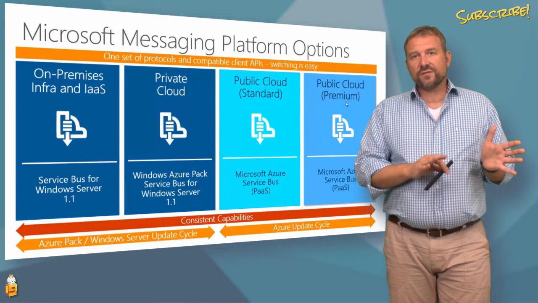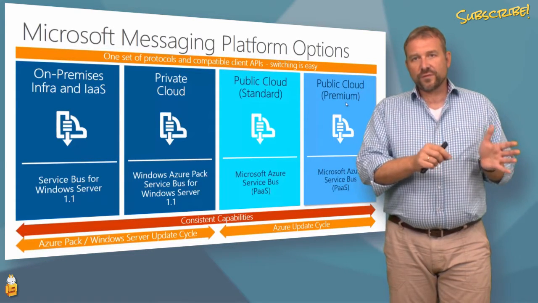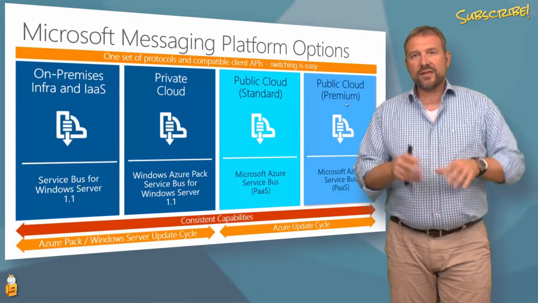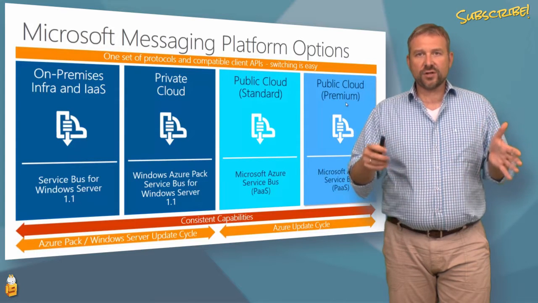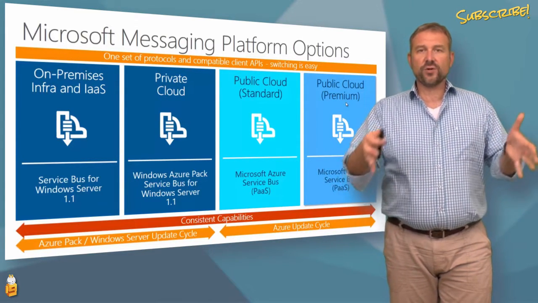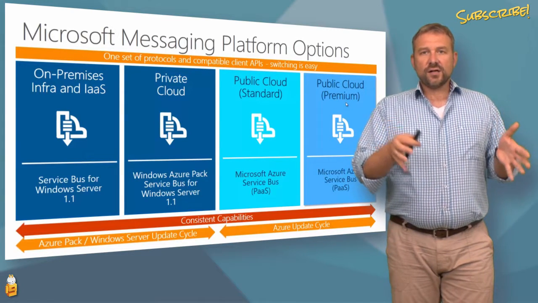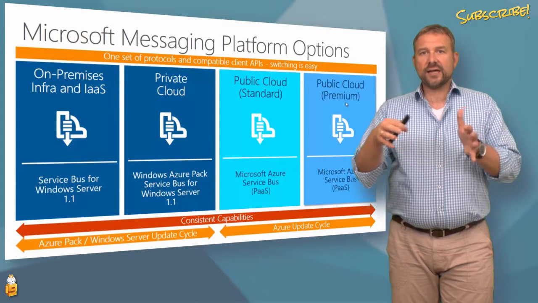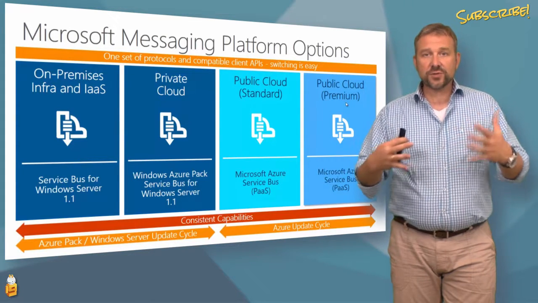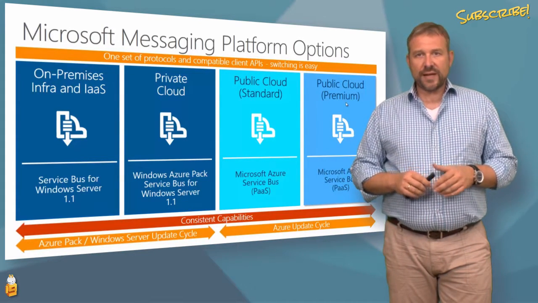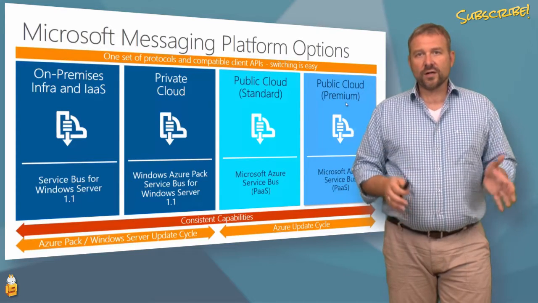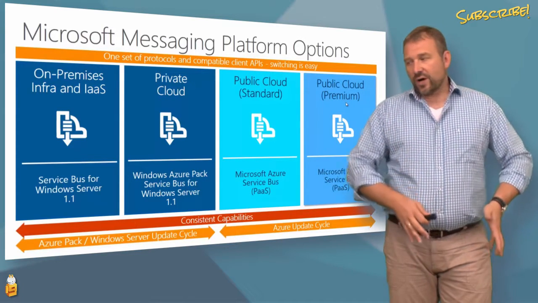And we have this in the form of the Service Bus for Windows Server 1.1 in the Windows Azure Pack. Those are software packages you can install, and they're included in the licensing of Windows Server and in the licensing options for Windows Azure Pack. So that's something you can run on your own hardware, and you operate on your own hardware.